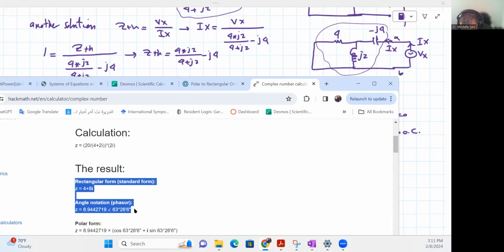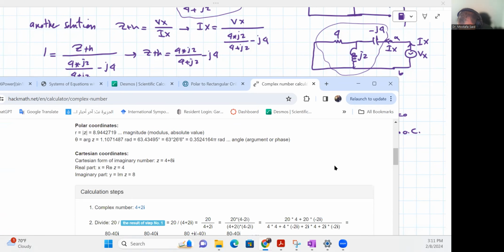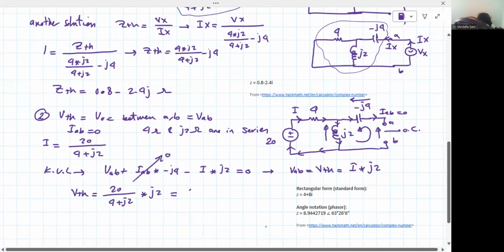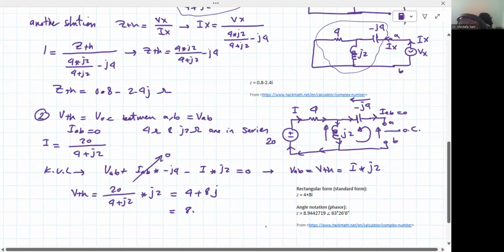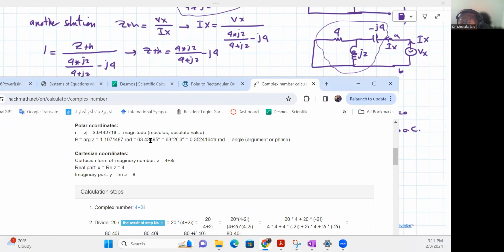In rectangular form, it's 4 plus 8j. And why do we use the symbol j in AC circuits? Not to confuse ourselves with the symbol i, which usually represents the current. That's why we use j. Or you can say 8.94 angle 63.43 degrees.